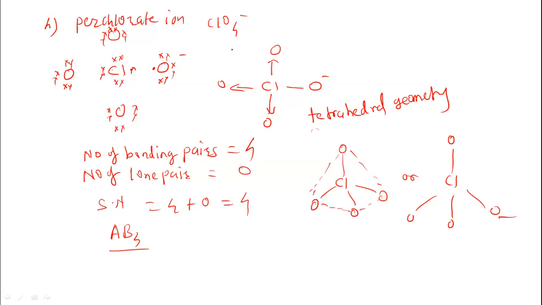In all the ions, the steric number is the same, but the numbers of lone pairs and bond pair electrons are different.